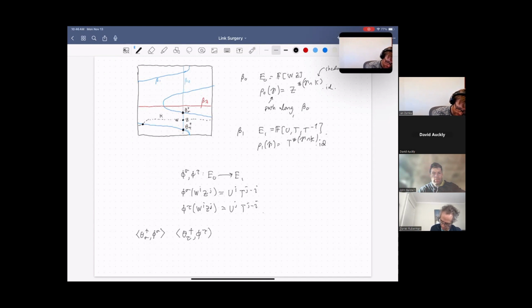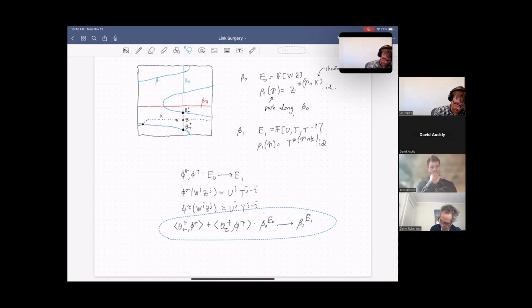These both go from beta 0 equipped with this local system E0 to beta 1 equipped with this local system E1. Okay, so I can form them. One thing is you can realize that these are both cycles.